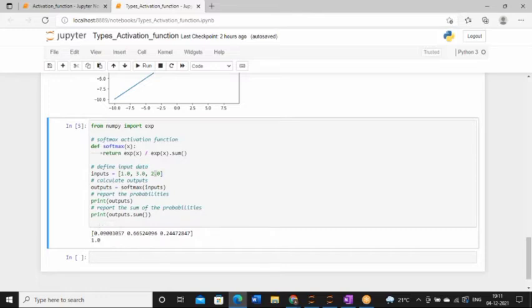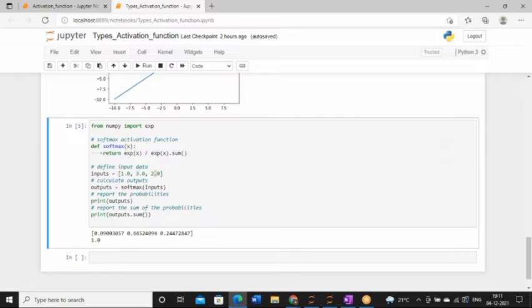Now we have to consider one more thing while dealing with softmax. Softmax works on the concept of giving weights, meaning it will assign some weight to a particular index in order to give more importance to some value.